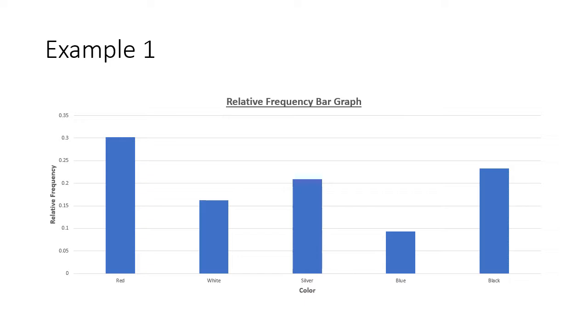And again, we can take a look, and I see red. Well, that looks like that's about a 0.3, so it must be about 0.3 of the observations were the red cars. Now, the exact value was 0.3023. And again, like I said, you lose a little bit of information with doing visual things like bar graphs, but it's still very, very useful.